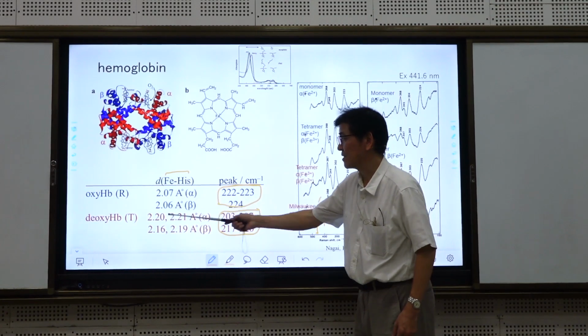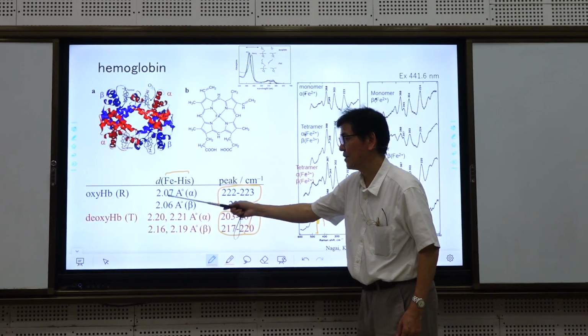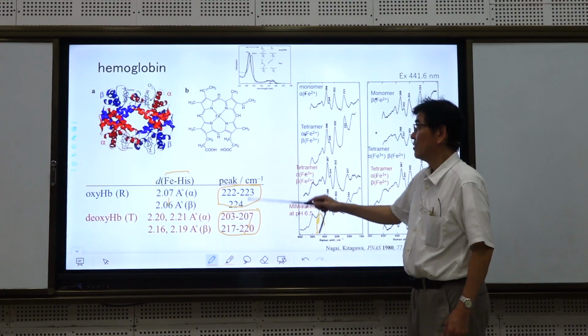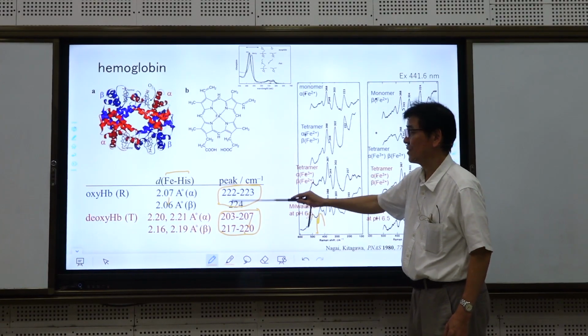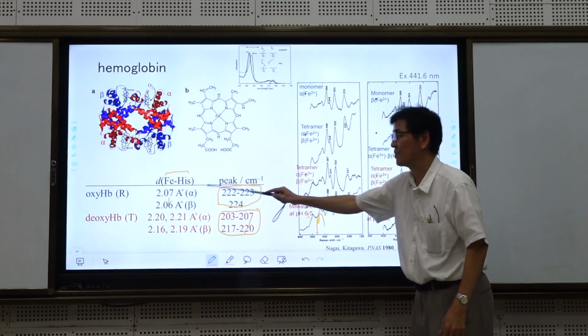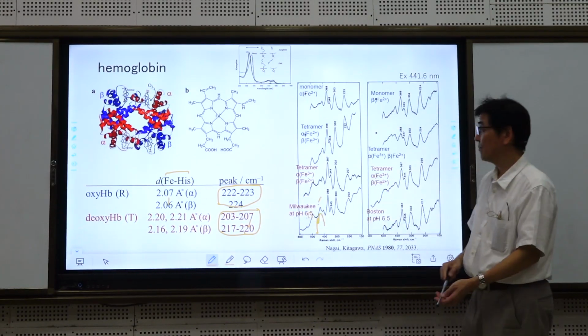Even though the distance difference is considered to be less than 0.2 angstrom, vibration frequency sharply detects the structural change.